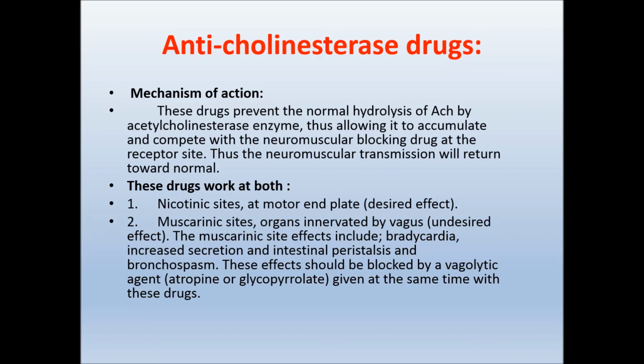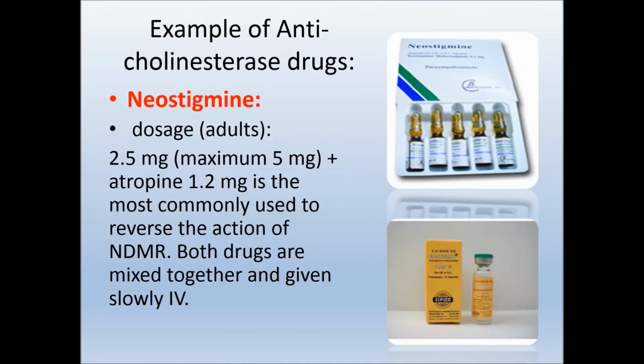The muscarinic side effects include bradycardia, increased secretion and intestinal peristalsis, and bronchospasm. These effects can be blocked by a vagolytic agent such as atropine or glycopyrrolate, given at the same time with this drug. Example of anti-cholinesterase drugs is neostigmine.